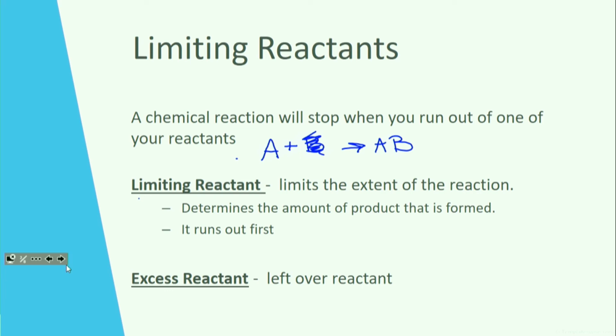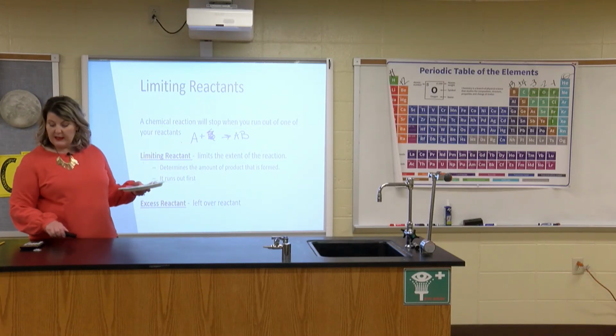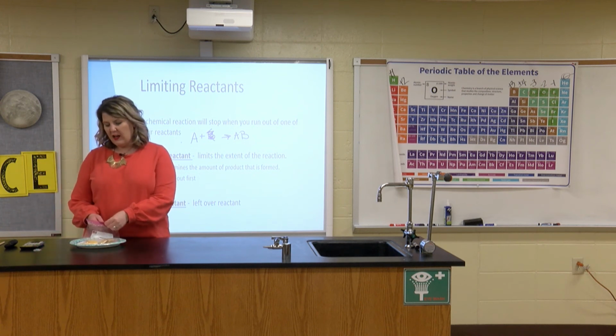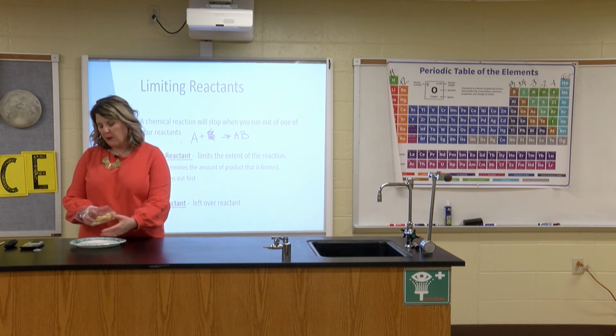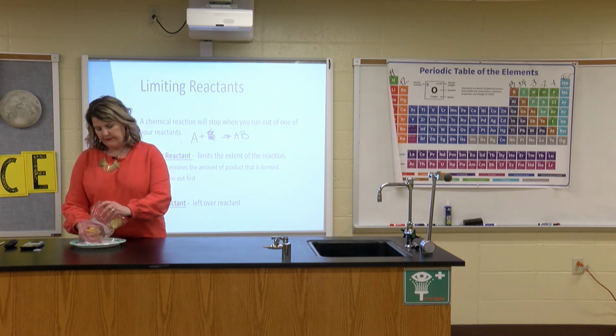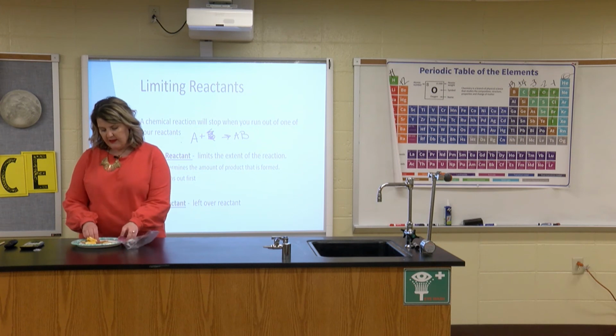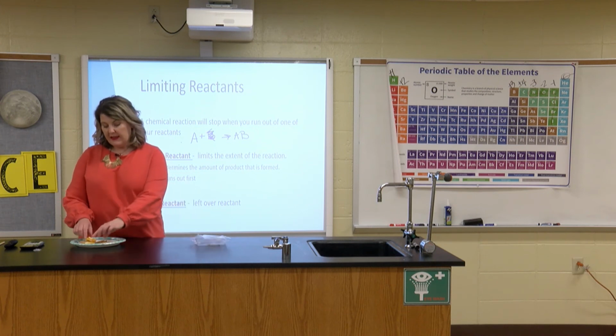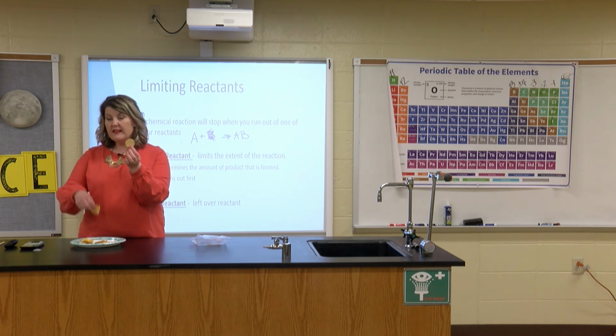So I'm going to do an example for you to show you what a limiting reactant is with a snack. Have y'all ever had crackers and cheese before? Okay, so I've got crackers and I have some little slices of cheese. Now, this is going to be my A and this is going to be my B. When I put them together, I'm going to put one cracker with one cheese.